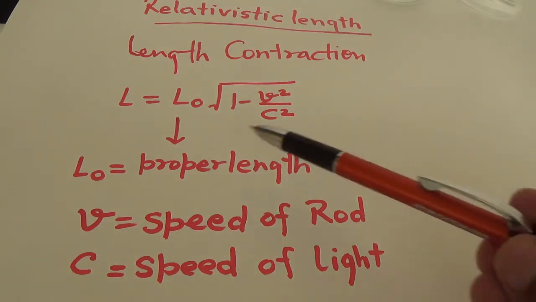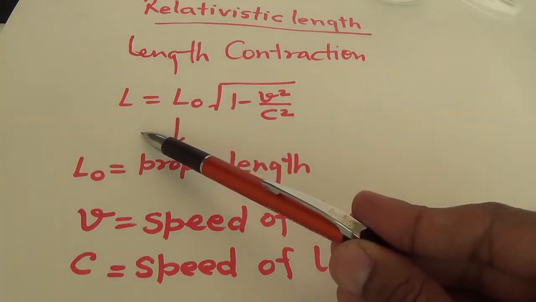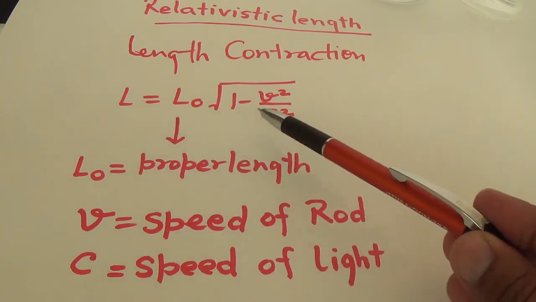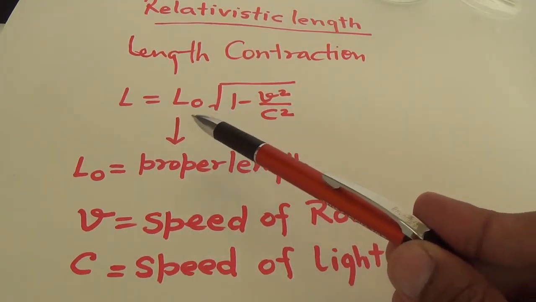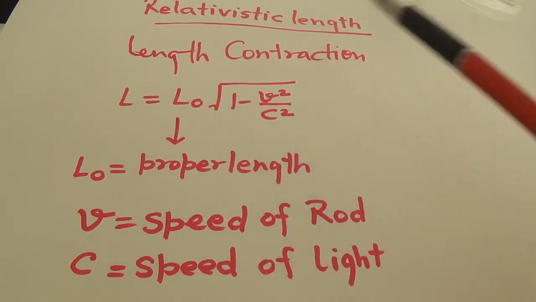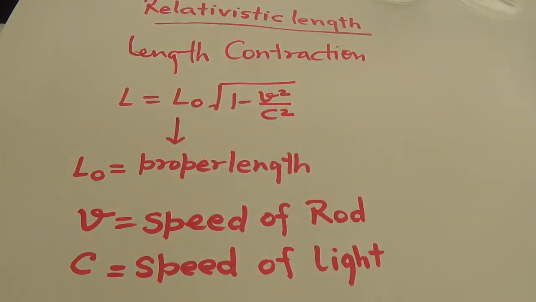L naught is the proper length, L is the apparent length to the observer, V is the speed of the rod in the frame, and C is the speed of light. Using this formula one can find the change in dimension if the relative motion is along the x-axis, y-axis or z-axis.